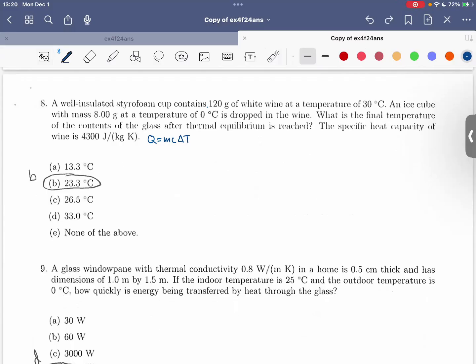So the wine mass is equal to 0.120 kilograms, and the ice cube is equal to 8 times 10 to the negative 3 kilograms.